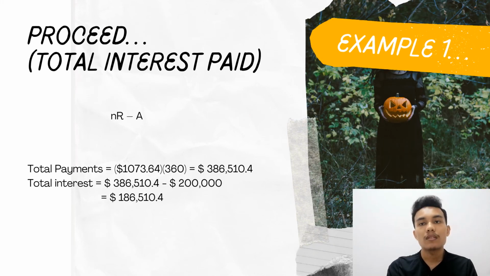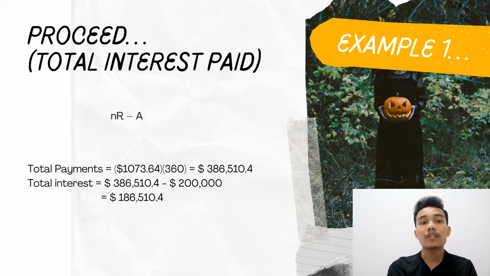From the monthly payment that we got just now, we can also get the total payments and the total interest paid by the formula nR minus A. For the total payments, we just use nR, which is $1,073.64 multiplied by 360 equals $386,510.40.